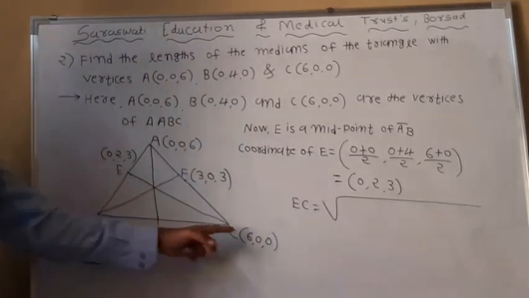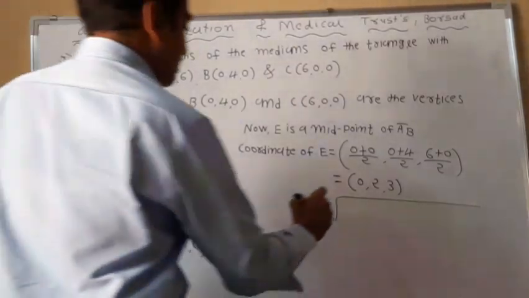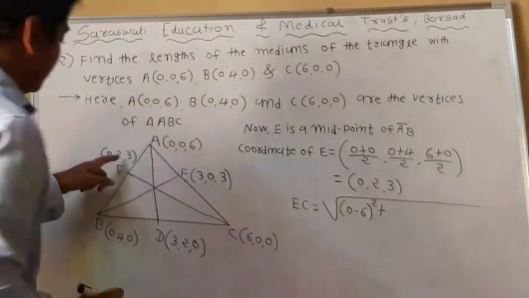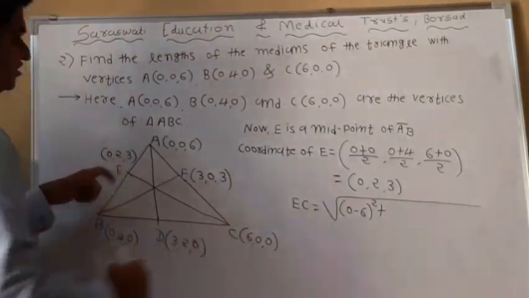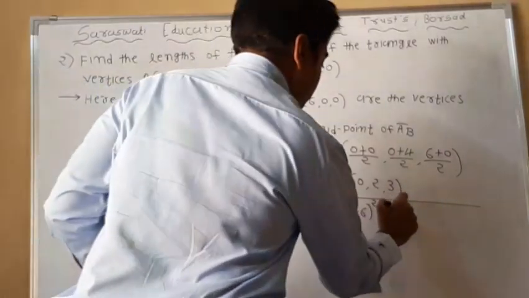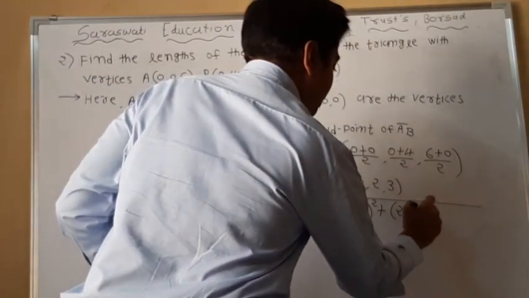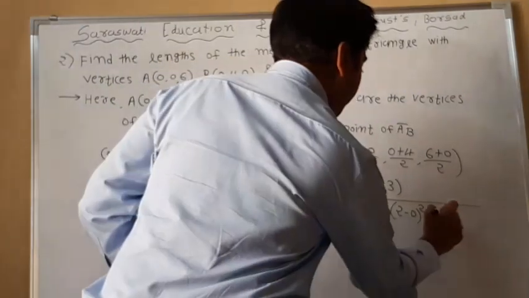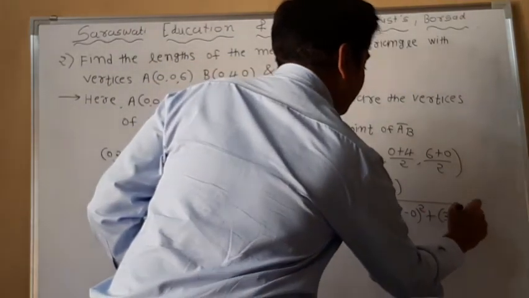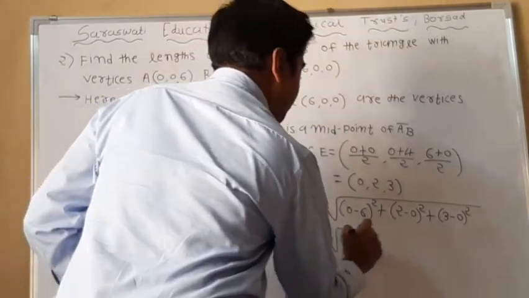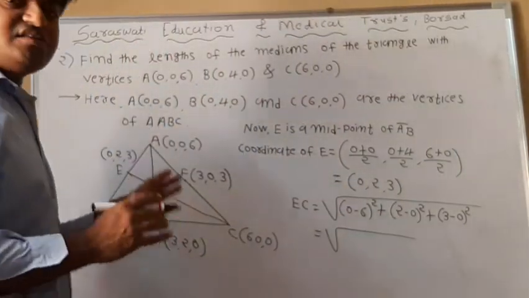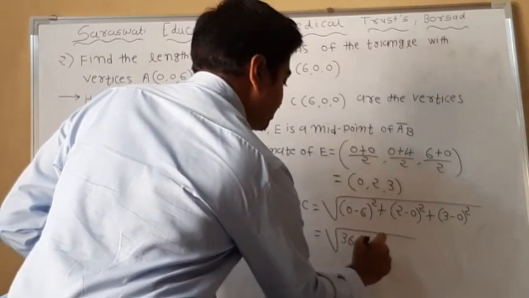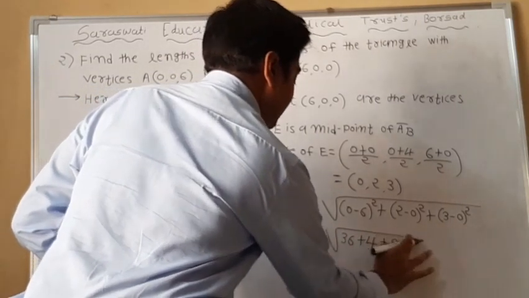Now 0 minus 6 whole square plus 2 minus 0 whole square plus 3 minus 0 whole square is equal to under root minus 6 whole square, that means 36, plus 4 plus 9.